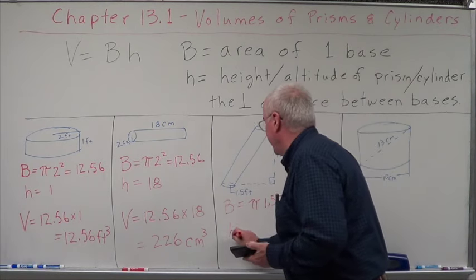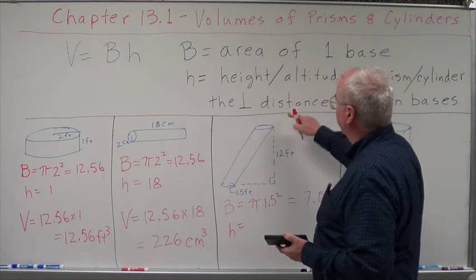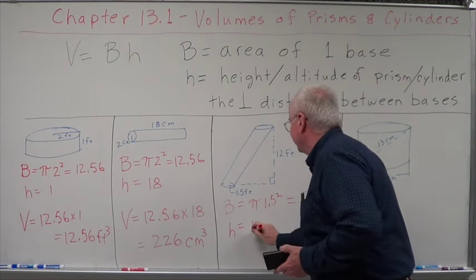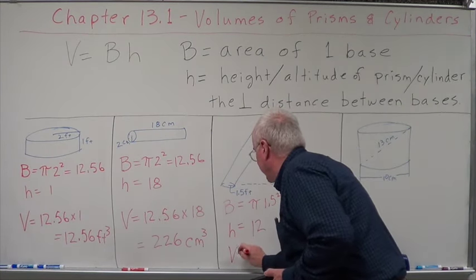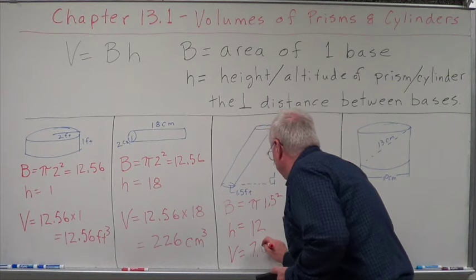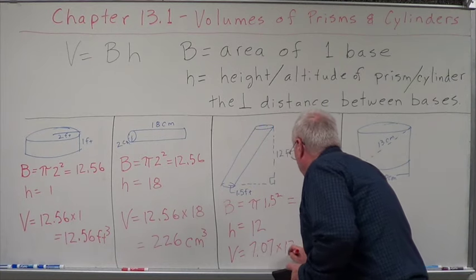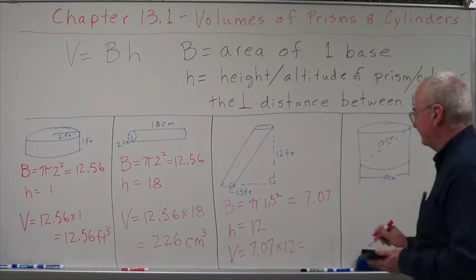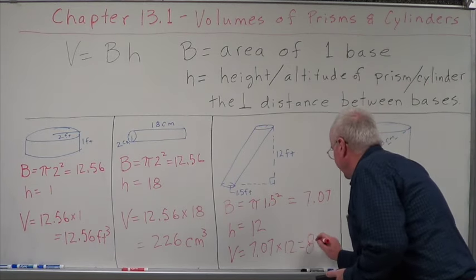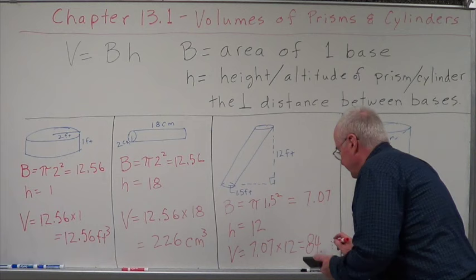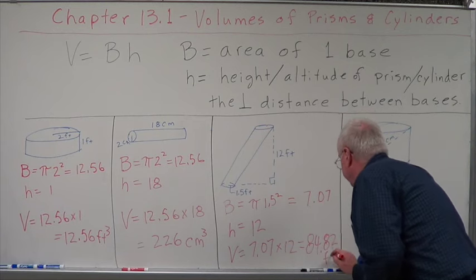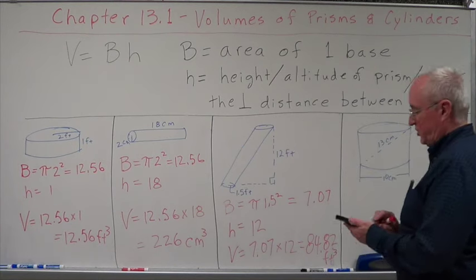Okay, our height equals, remember, the perpendicular distance between the bases is 12, so our volume equals 7.07 times 12 equals 84.82 feet cubed.